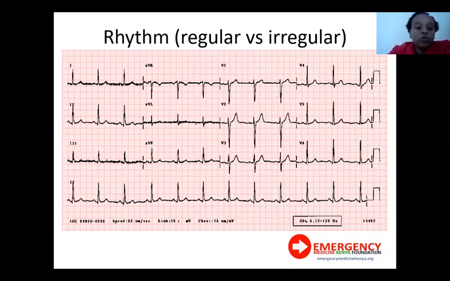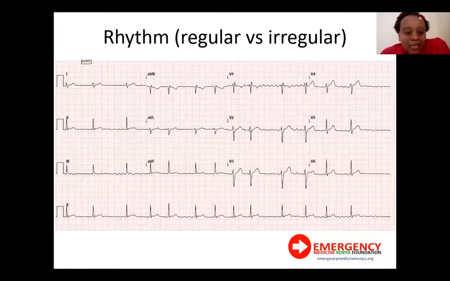The next one is 1, 2, 3, 4. And the next one is also 4. So that means it is regular. You remember your small paper, you have marked one R to the next and you move across. If it falls on the markings, then you know that is a regular rhythm. If it's not falling on that, then that's an irregular rhythm.